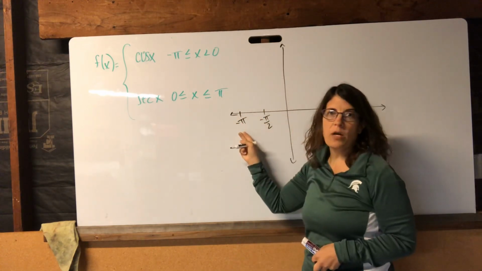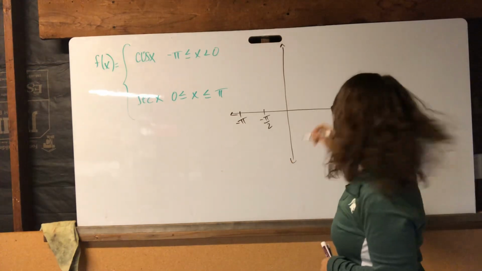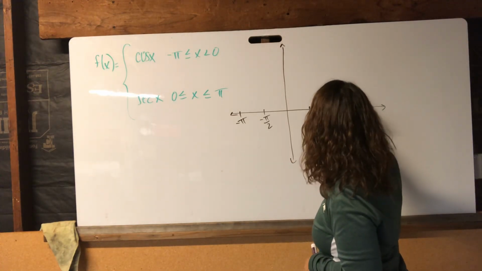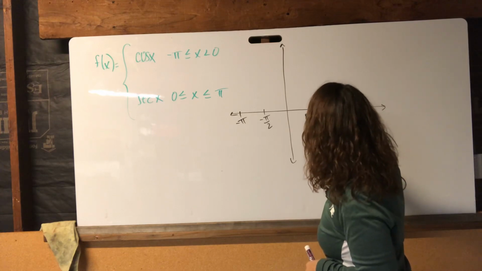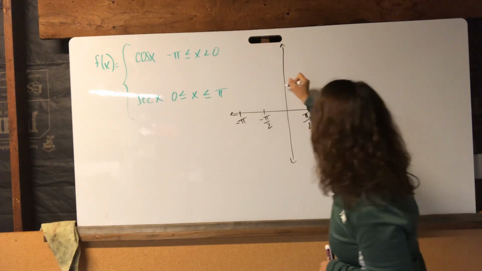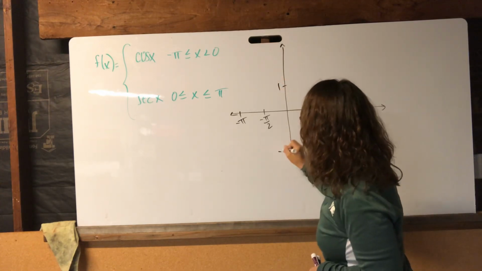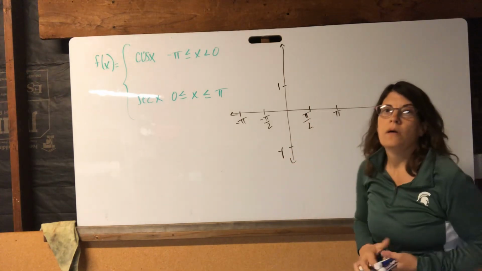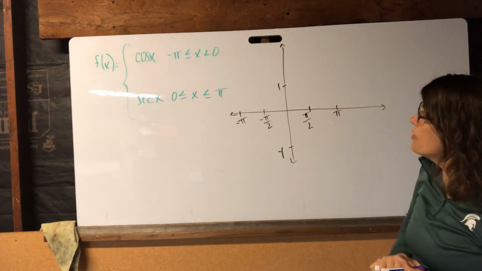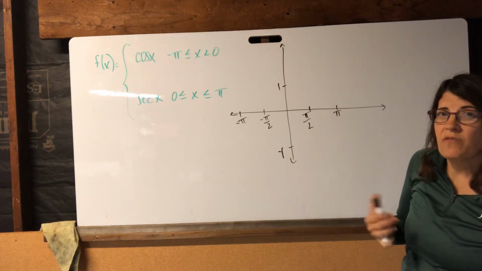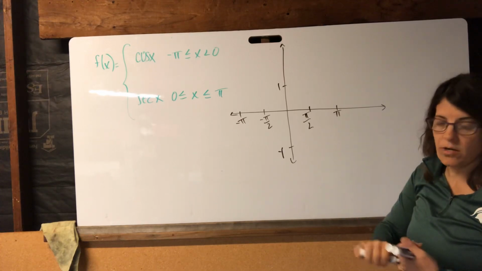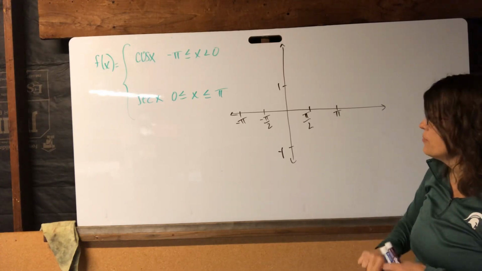Put negative pi on there because that's where I'm asked to graph from. Okay, so I'm going to graph the cosine curve and then I'm going to erase the parts that are not needed for this particular problem.